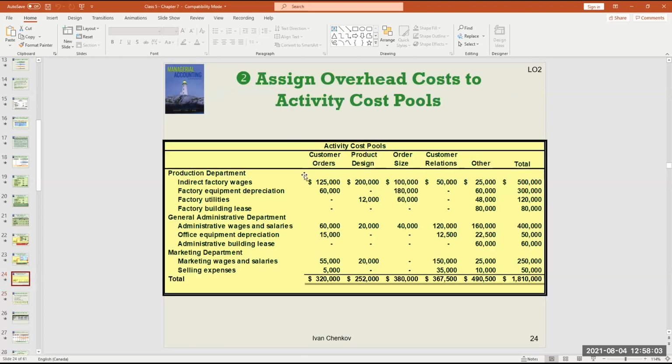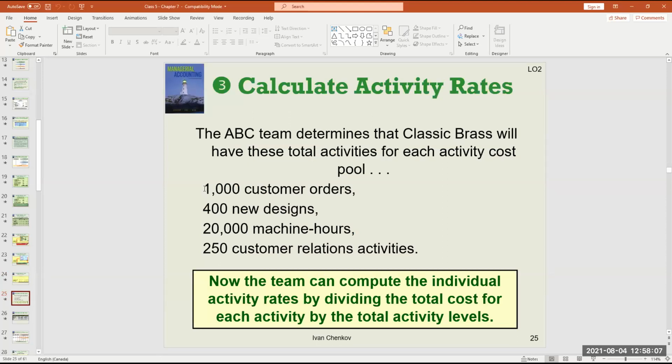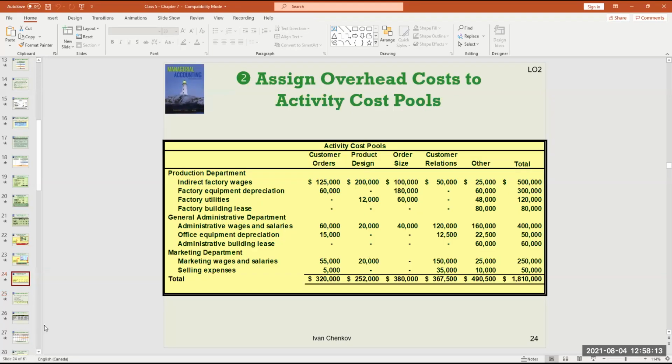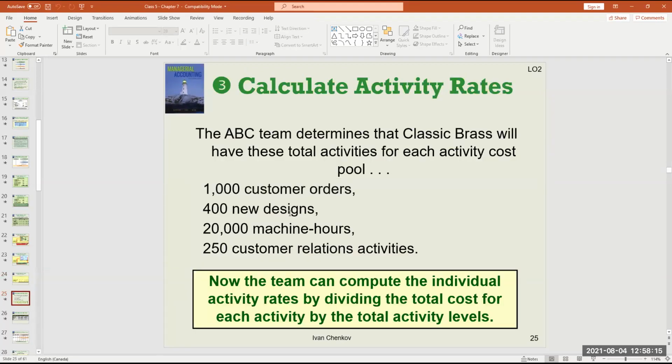For example, for the pool of the customer order, we're going to have 1,000 customer orders. For the new design, product design, we're going to have 400 new designs. Next one, 20,000 machine hours. Next one, 250 customer relationship activities.